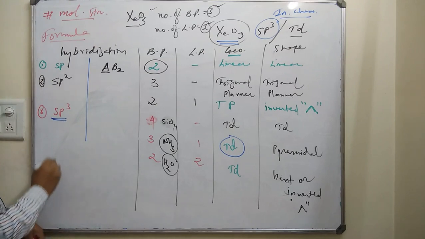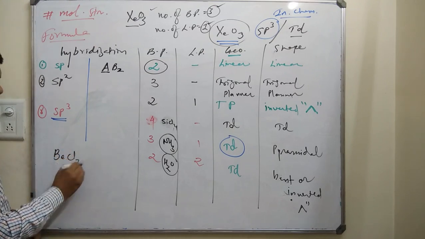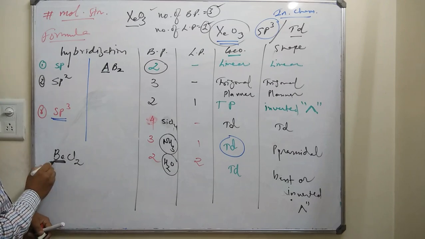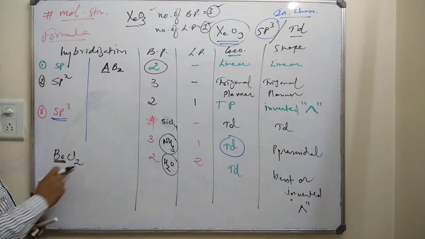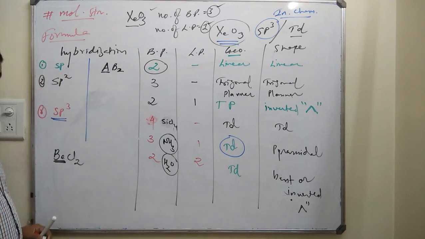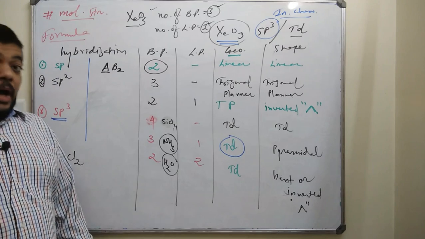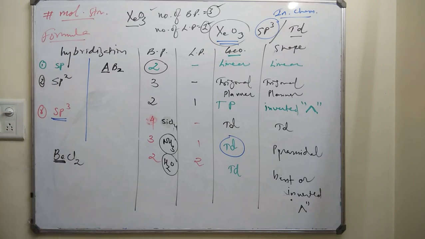For example, if I say BeCl2, then BeCl2 has Be as the center atom A and 2Cl as B2, because in BeCl2 both the chlorines are attached with beryllium by a single sigma bond pair of electrons.